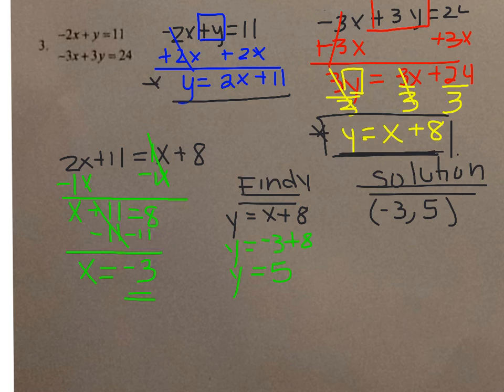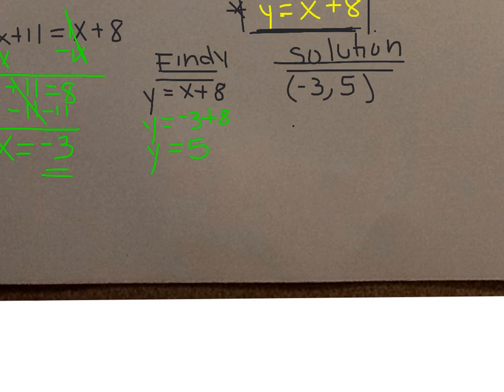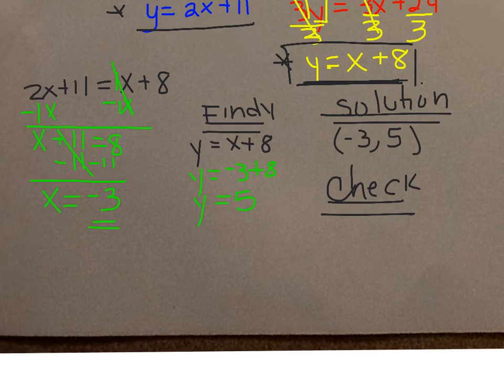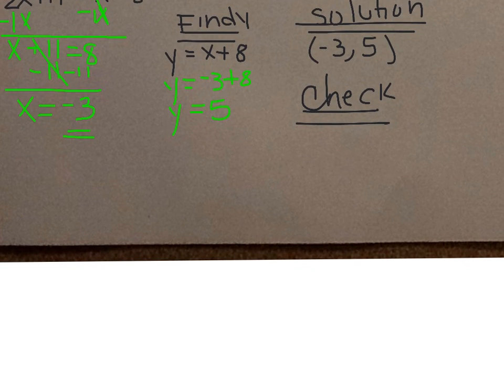Now we're going to verify the solution. Verifying the solution means to check. Remember, we check always the original, so we have to go back to these guys here. So I'm going to write down the first one. Negative 2x plus y equals 11.